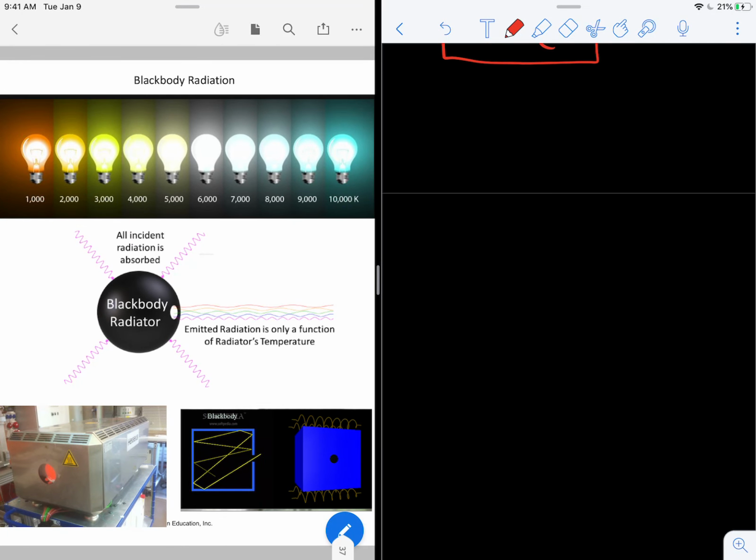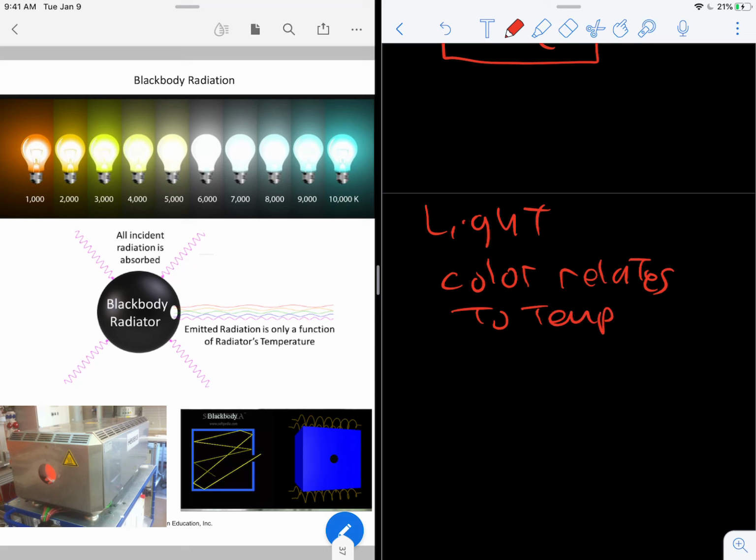So for light, color relates to temperature. And the object that you use to figure out that relation is something called a black body.